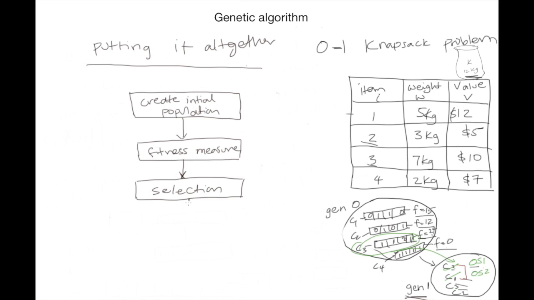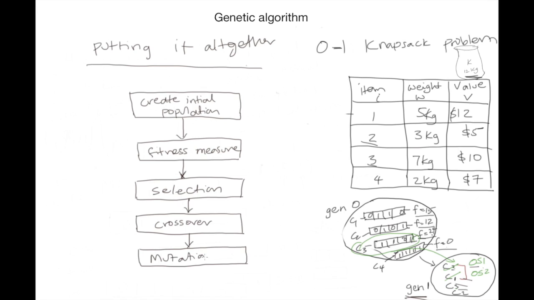From these selected individuals, based on the crossover rates, some individuals underwent crossover operation, whereby the genetic material was exchanged to produce offspring. And some of these resulting offspring underwent mutation, which is a way of adding genetic diversity in this population.